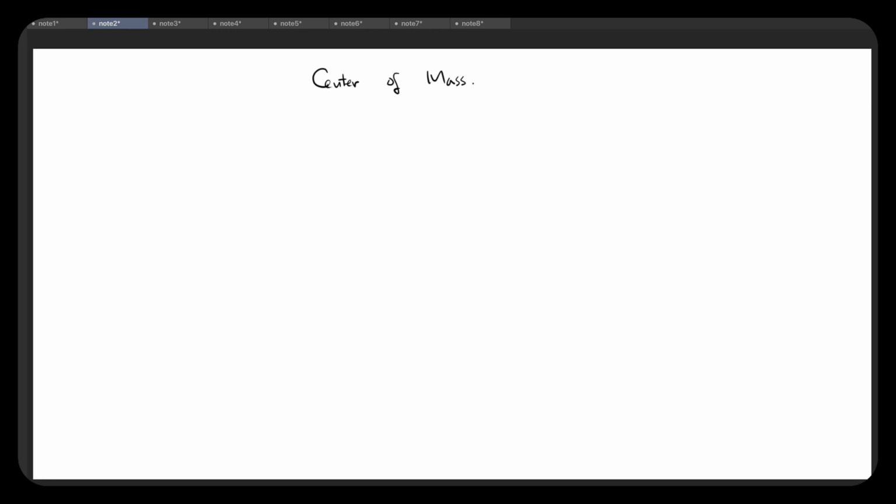Now, what is center of mass? Okay, the definition is the following. Center of mass is, you can think of it as the location where the gravity acts. So I'm going to use cm here for center of mass. Okay, so center of mass is where the gravity acts.